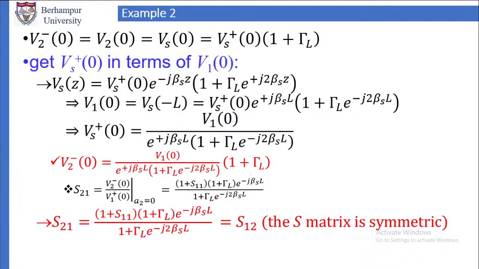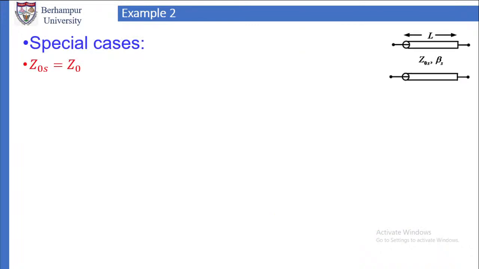Now we will consider some special cases of this example. We have this transmission line of length L. The first special case is ZOS equal to Z0. If ZOS is equal to Z0, then S11 is equal to S22 is equal to 0, gamma L is equal to 0.